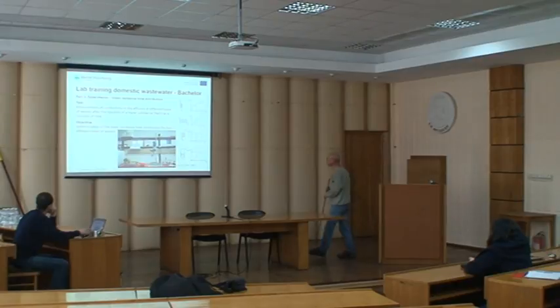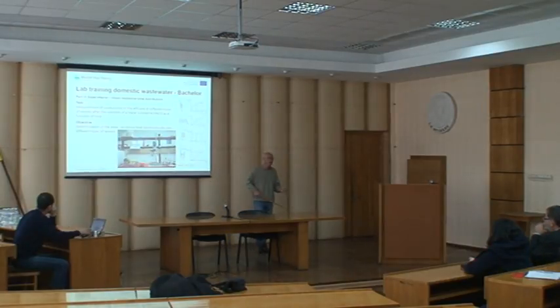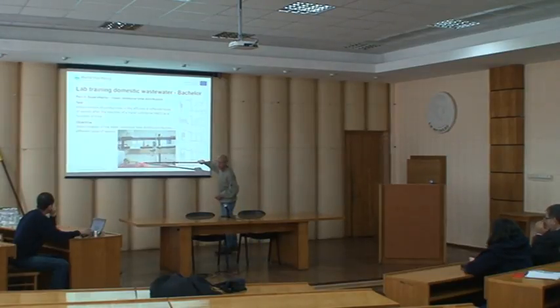So the hydraulic mean retention time within such a system is completely different. And with such a small unit here, you can put in some walls here, so you can make it from a pipe reactor to a fully mixed reactor and measure the hydraulic retention time by adding a sample here.